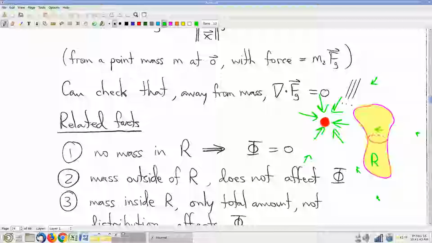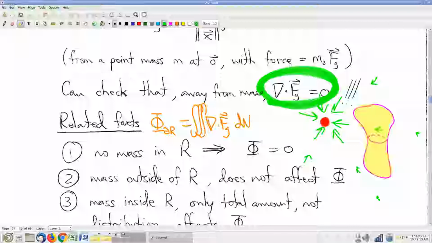Oh, I shouldn't use green, we'll use orange. Flux through the boundary of R is the triple integral of divergence, which is 0.